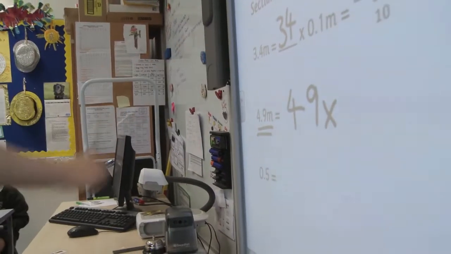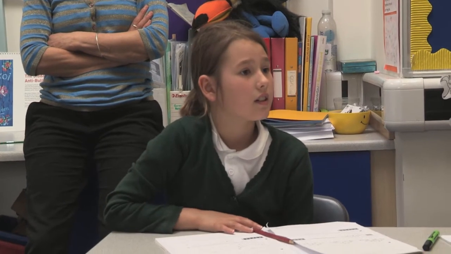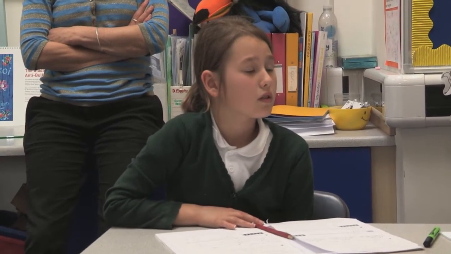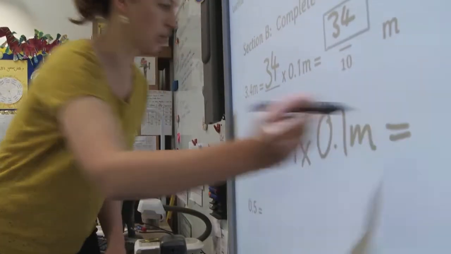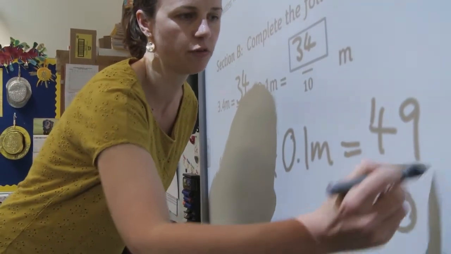How do I finish that number sentence? 49 times what, Isabel? 49 times? 1/10. Good. And 1/10 I write as 0.1. And that's equivalent to 49 tenths of a metre.